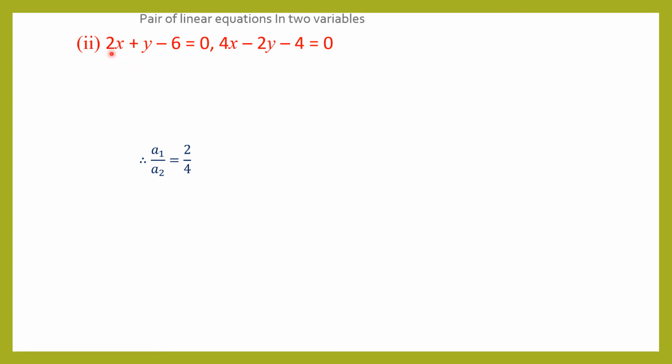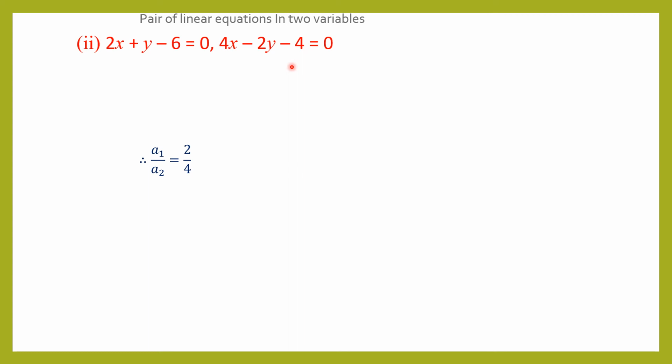Here a1 equals 2, b1 equals 1 and c1 equals minus 6. At the same time a2 equals 4, b2 equals minus 2 and c2 equals minus 4. To check the conditions: a1 by a2 not equal to b1 by b2; a1 by a2 equal to b1 by b2 not equal to c1 by c2; a1 by a2 equal to b1 by b2 equal to c1 by c2. You have to check these three conditions.